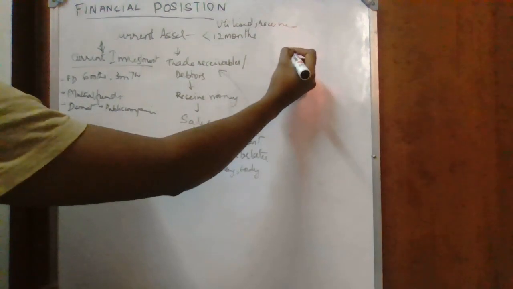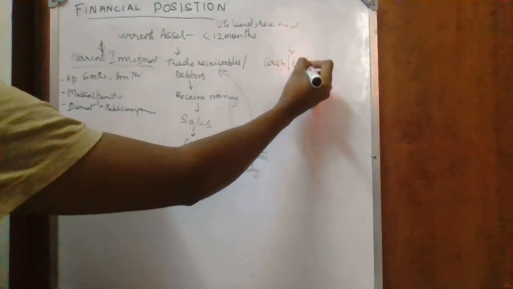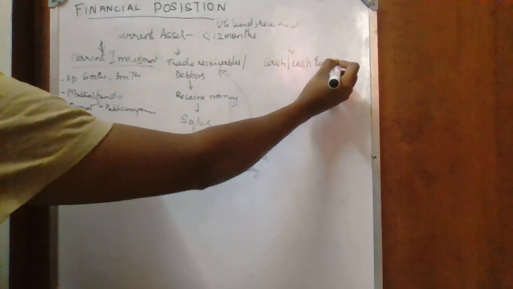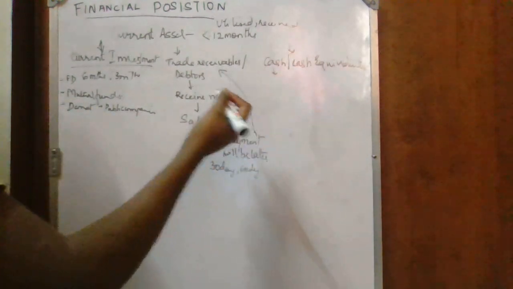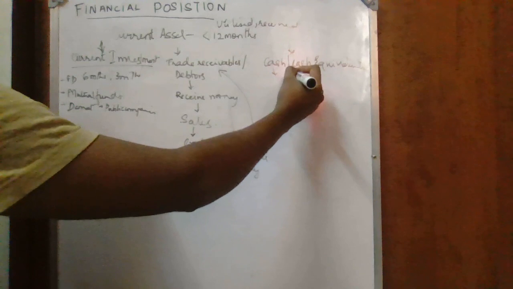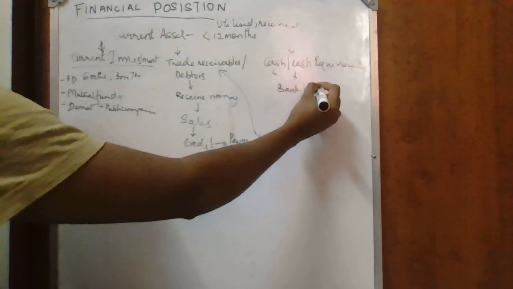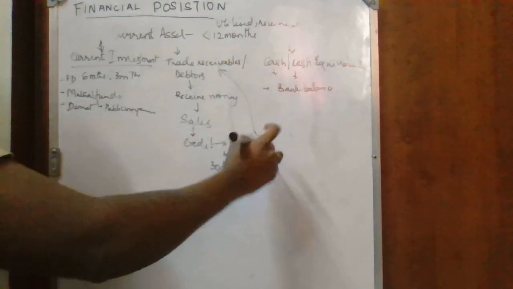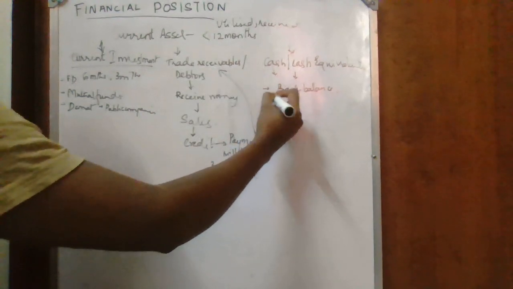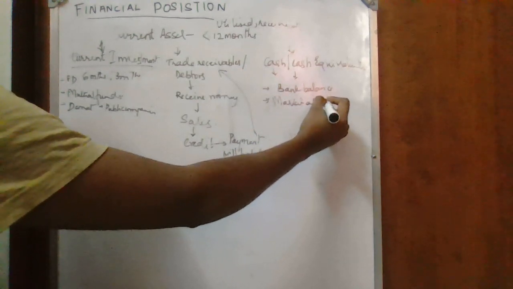Next, you have cash or cash equivalents. Cash is the hard cash that is kept in the business for day-to-day activities. What are cash equivalents? Those will be the bank balance that the company has in all the accounts maintained in the business name, and it might also have marketable securities.